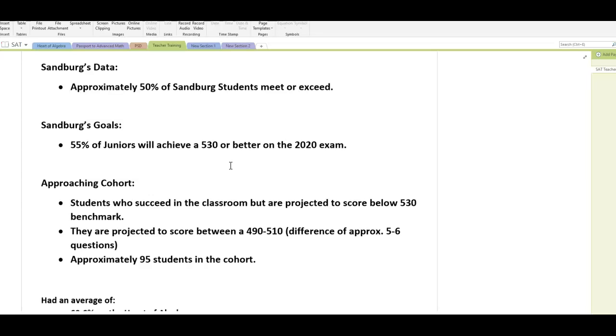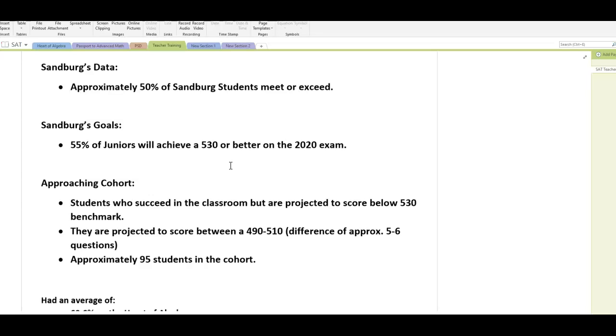And when you really take the kids that are on the bubble, these are kids that have A's or B's, maybe high C's in some of our Math 3 courses, even Math 1 or 2 courses, that the format of the test or maybe a little bit of anxiety is keeping them from reaching that benchmark. So we talked and strategized a lot about how we can reach these approaching kids.